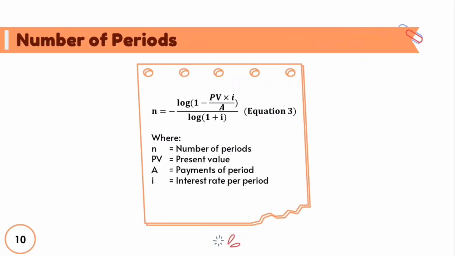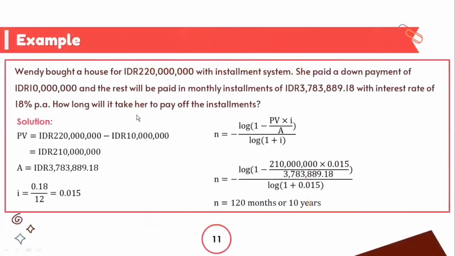Next is number of periods. The formula for finding number of periods is like this. So from the example, we know that the PV is 210 million Indonesian rupiah.